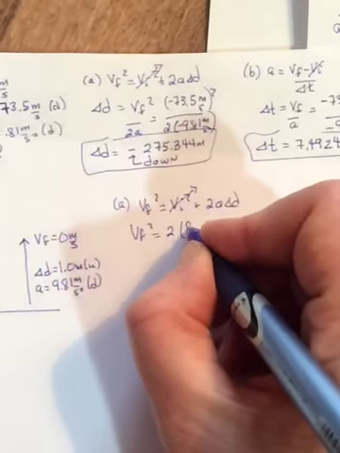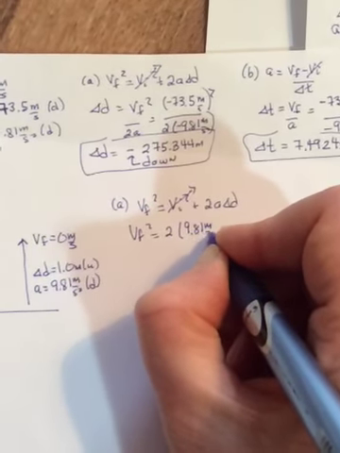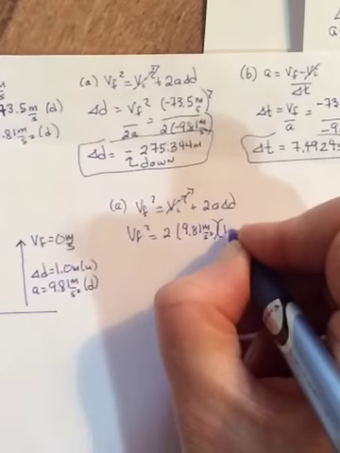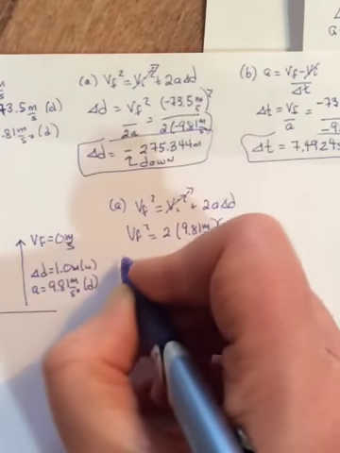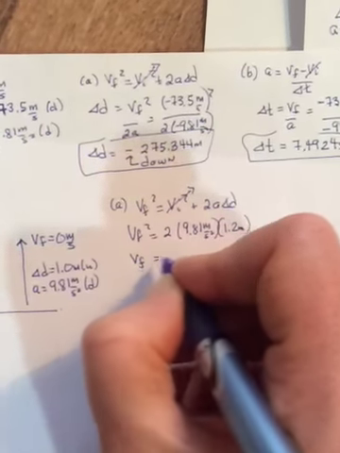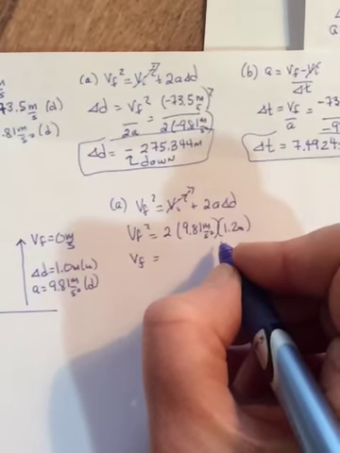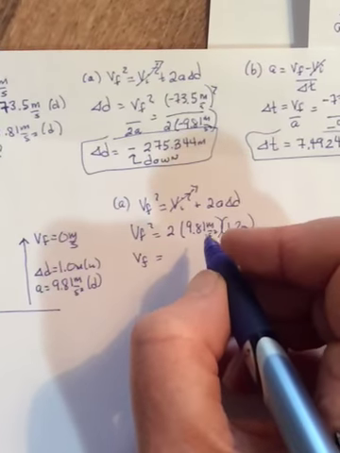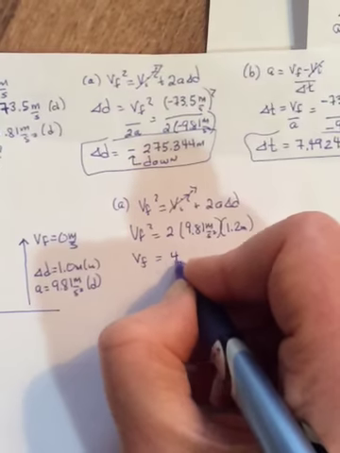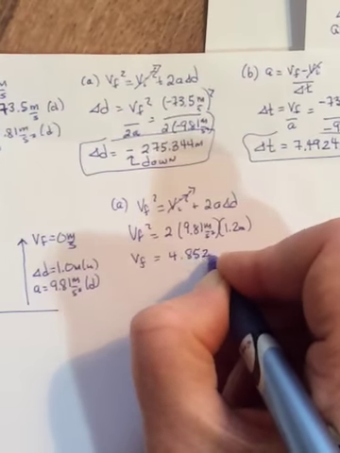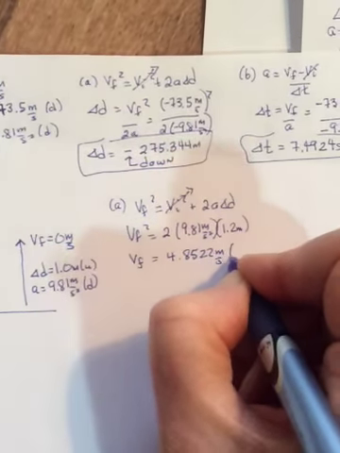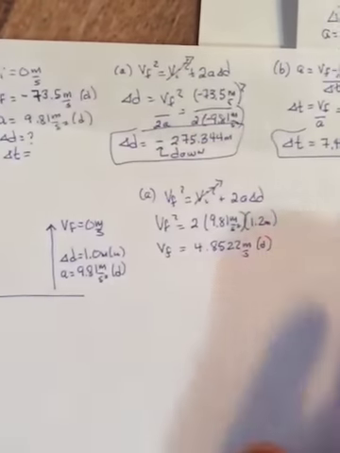So since it's all going down, I'll just leave them as positives. But if you wanted to do negative, they'd both be negative and they would end up at the same answer. So 2.4 times 9.81, take the square root, 4.8522 meters per second, and that's down.